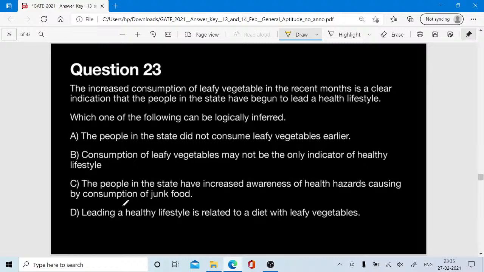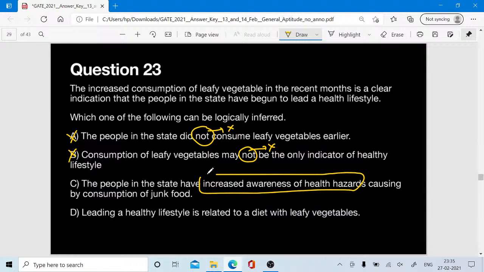So this one I have already told in the previous critical reasoning classes. Assumptions. Did not consume, negative assumption, so this is wrong. Consumption of leafy vegetables may not be, again a negative assumption, wrong. The people in the state have increased awareness of health hazards caused by consumption of junk food. Let's see this.